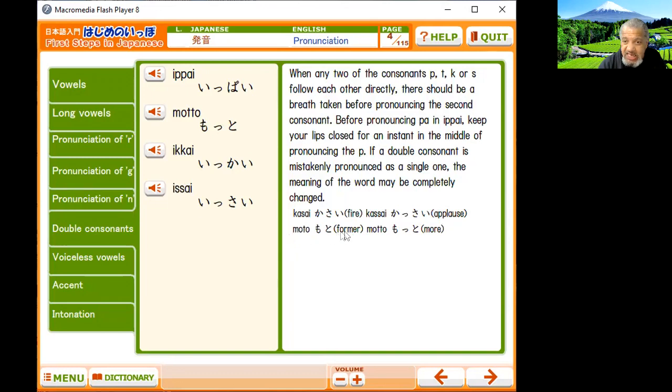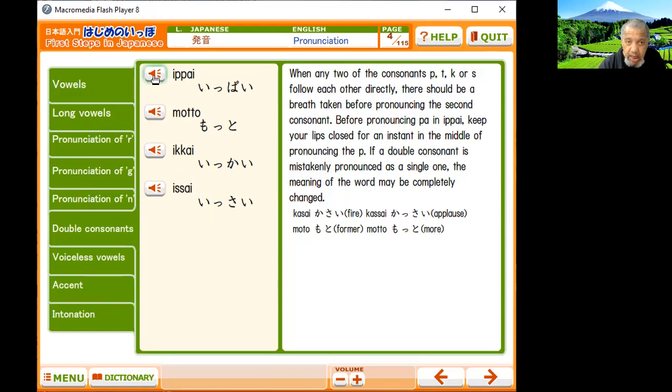It's an extended sound, but you've got to leave that one beat. Kasai means fire, but kassai means applause. Moto means former, but motto means more. Motto chodai. Moto? No, motto.